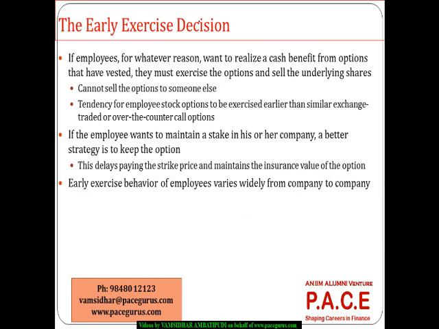So this is where I have to talk about the early exercise decision. If I want cash from the option, the only way is to exercise the option, buy the share and sell it, because I can't sell the option to someone else. That's a restriction. Whereas if we are talking about options listed on the exchange, I can very well take an offsetting position and virtually get rid of my option. The same does not hold true in the case of ESOP.